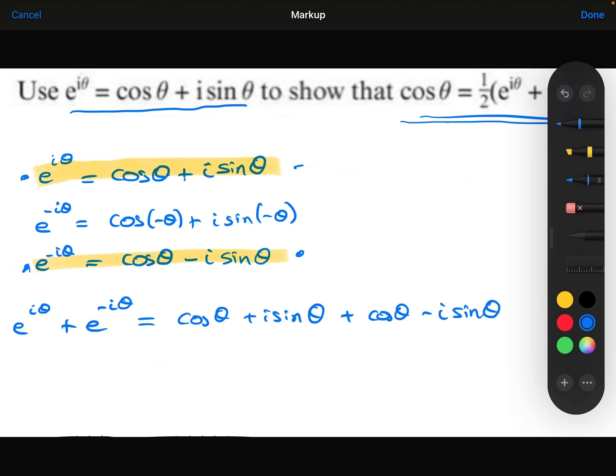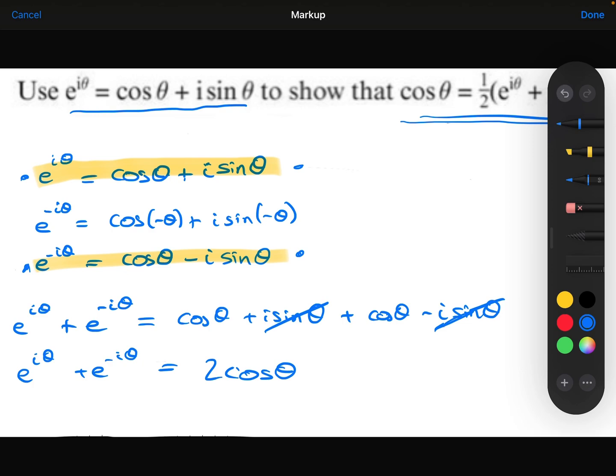Again, we're just adding these two things together. And you can see on the right-hand side here, the cos theta plus cos theta is 2 cos theta, and the i sine theta minus i sine theta cancels out.